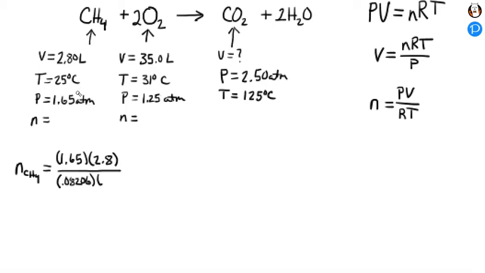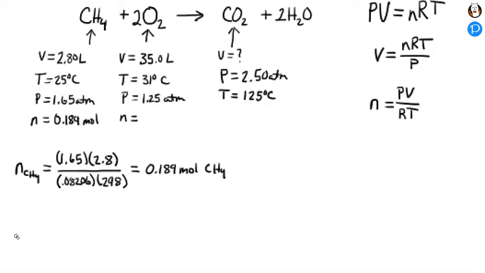Now, remember, we need to put that into Kelvin, so we're going to add 273 to that. So 273 plus 25 is going to give us 298 Kelvin. Crunch the numbers on that, and that gives us 0.189 moles of CH4. So that's my n for CH4, 0.189 moles. That's how much CH4 I'm starting with.